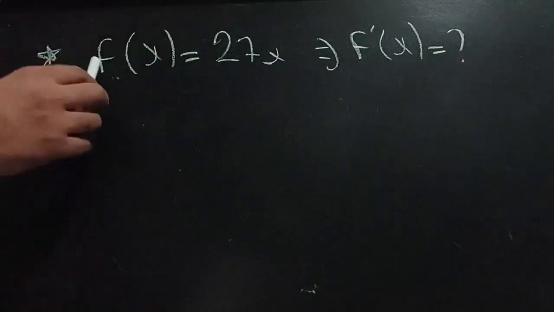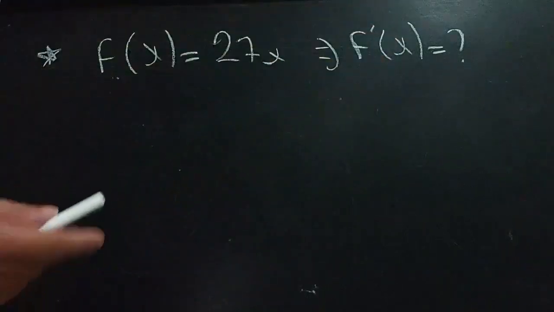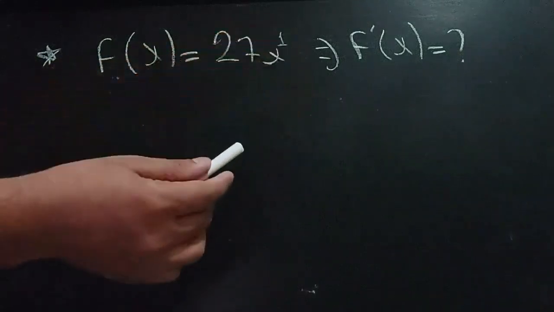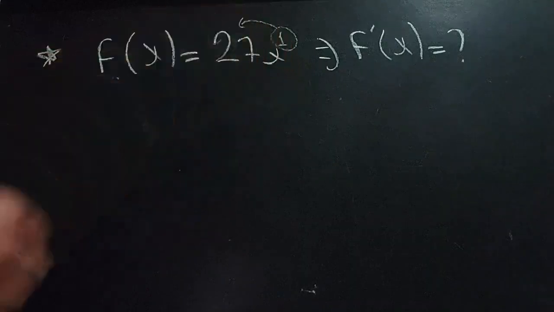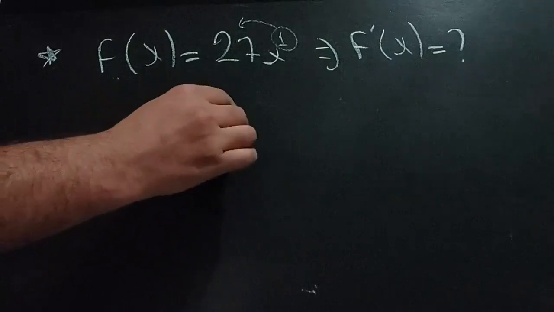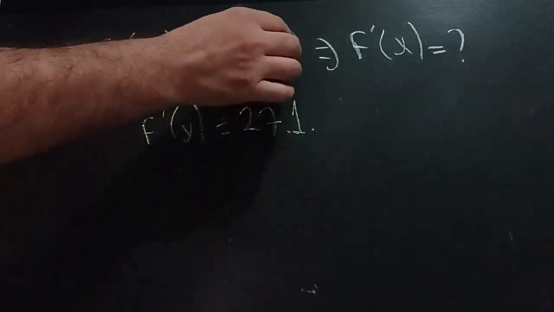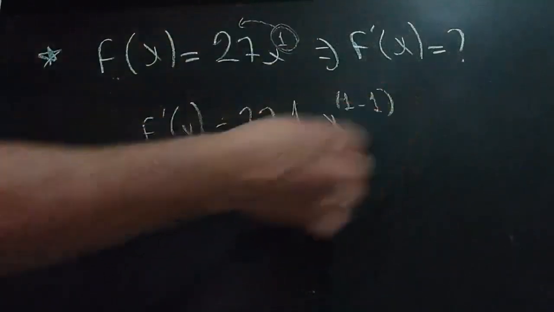My question is f(x) equals 27x. So find the derivative of f(x). So what do you do? Remember, if there is no power, that means power 1. You bring this one down, that will be 27 times 1 times, and decrease that one by 1, x power 1 minus 1.